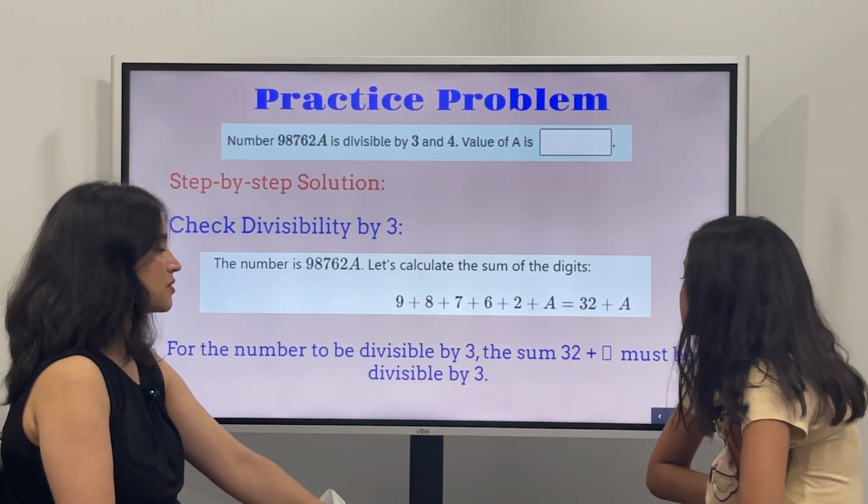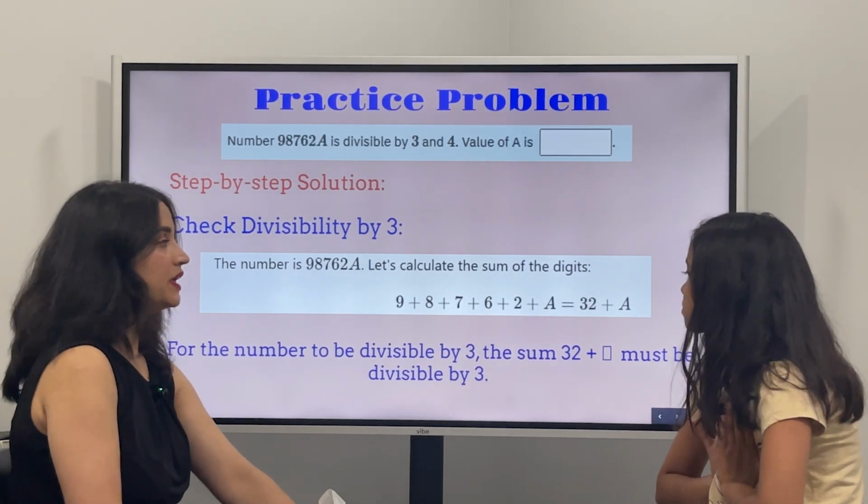The sum 32 plus A must be divisible by 3.